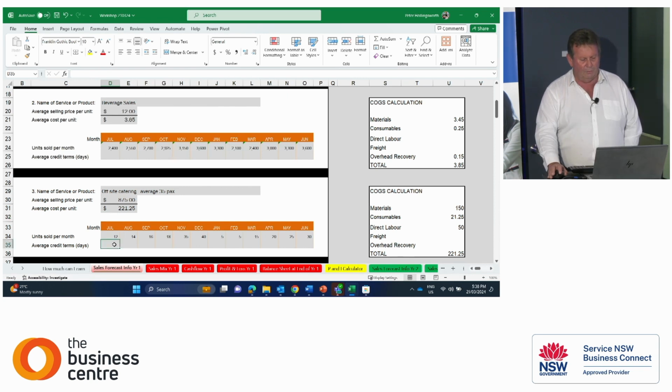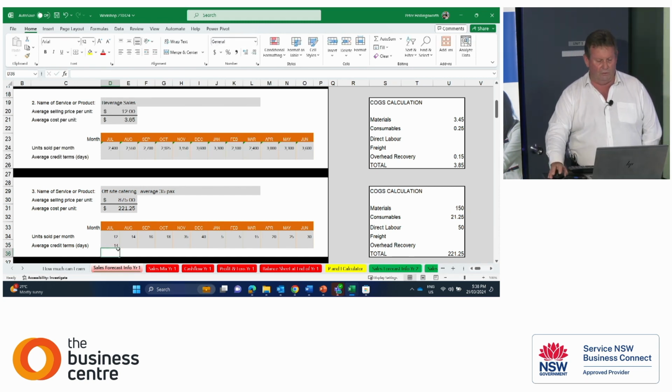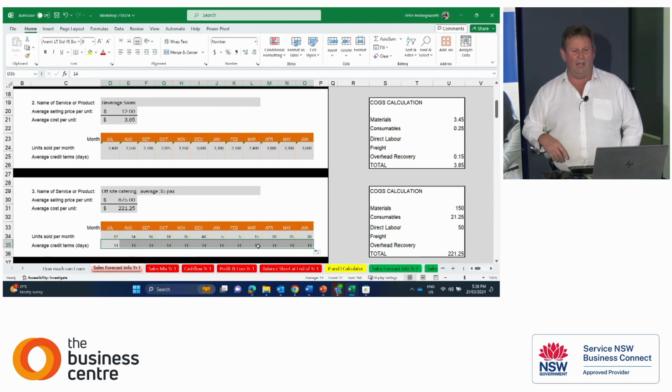The other thing that this spreadsheet will help us contemplate, do we actually get paid on the day when we do jobs? So obviously in the cafe, people come in and they pay for their food, their beverages and so on, but maybe corporates don't. So maybe we've got to offer them some credit terms, which could be, say, 2 weeks. I know here, anyone that deals with the business centre, our accounting department does the pay run and does all the creditor payments every fortnight.